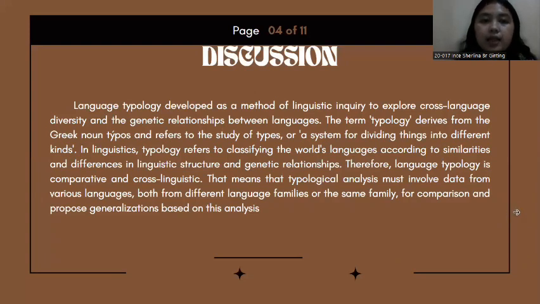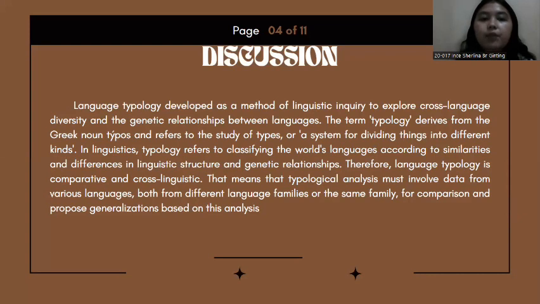Next is discussion. Language typology developed as a method of linguistic inquiry to explore cross-language diversity and the genetic relationship between languages. The term typology derives from the Greek noun typos and refers to the study of types, or a system for dividing things into different kinds.